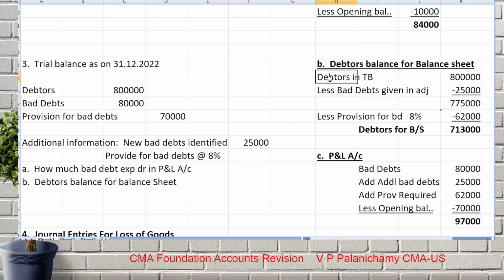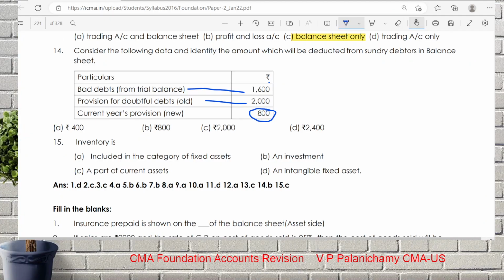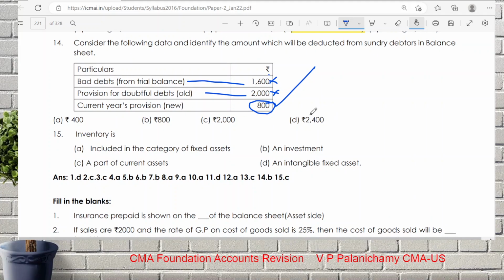While preparing debtors as per trial balance, bad debts given in adjustment and what? The new provision will reduce debtors in the balance sheet. The items given earlier are already adjusted, so no. This one is also adjusted, so no. So the current year provision will be reduced. So for 14 the answer is B.